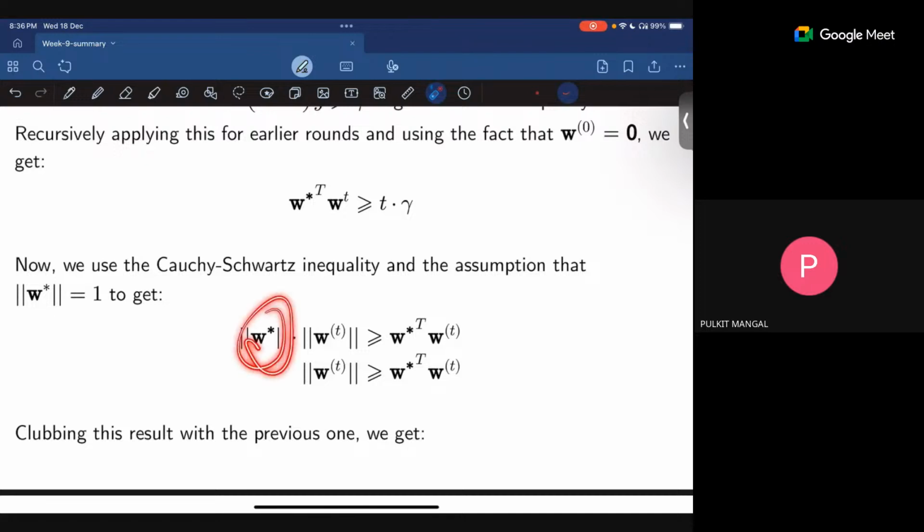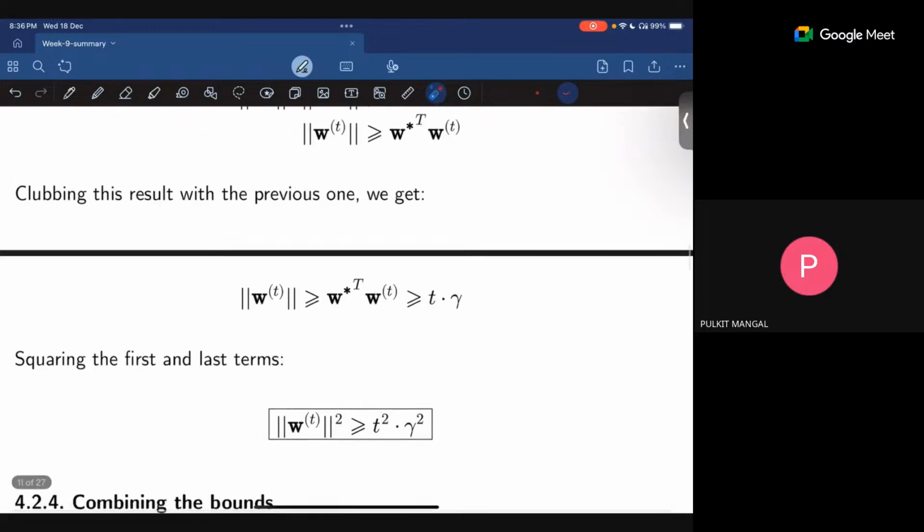Because we assume the optimal weight vector has norm equal to 1, we get the result that the norm of Wt is greater than or equal to W star transpose Wt, which is exactly this. So we'll put this result here and we will finally get norm square of Wt.